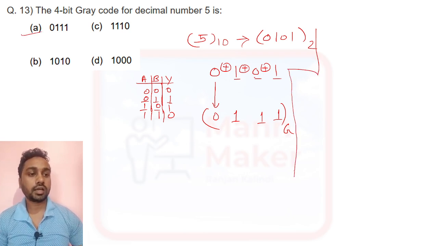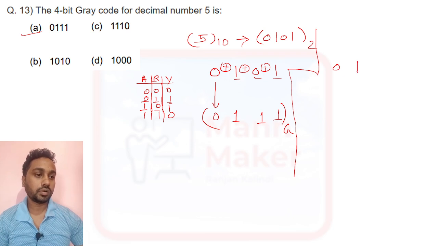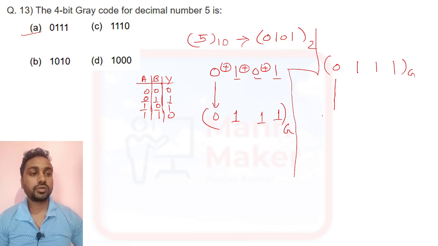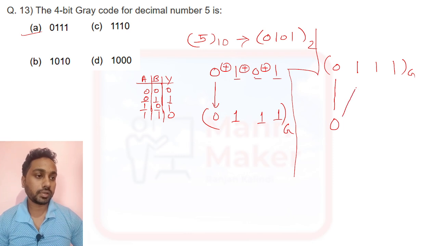Suppose they ask to convert gray code to binary, and we have 0 1 1 1. This is your gray representation. We need to find the binary. So as it is, you write the MSB, that is 0. Now we apply XOR here also, but like this. This 0 and this 1, 0 and 1 is 1.